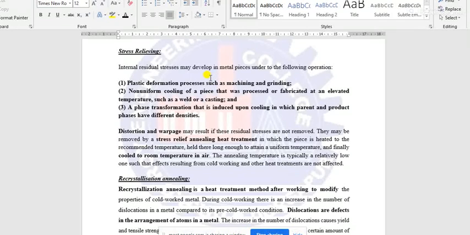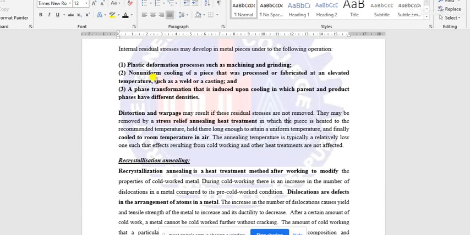Stress relieving is done to reduce or relieve stress. The stress that is developed or imparted in a metal or metal pieces may come from plastic deformation processes such as machining or grinding, non-uniform cooling of a piece, that means one part is cooled to a lower temperature than the other part, or phase transformation.